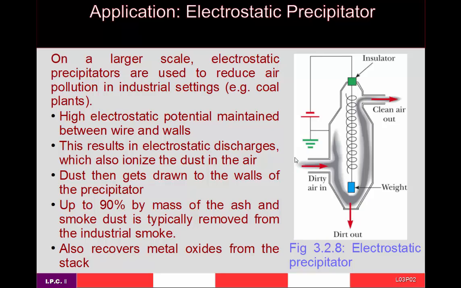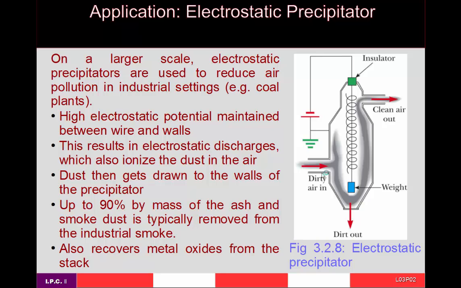Your soot and dust particles, dirt particles, whatever it is that you're sticking in the air from the factory, pass through this wire and pick up a bit of a negative charge. The basic result is that they end up being attracted to this grounded area that is the walls of the smokestack.